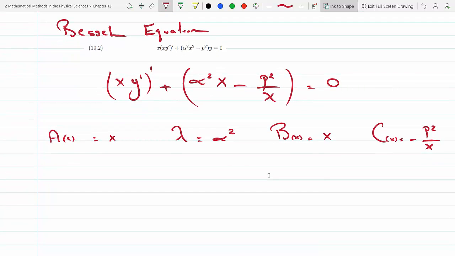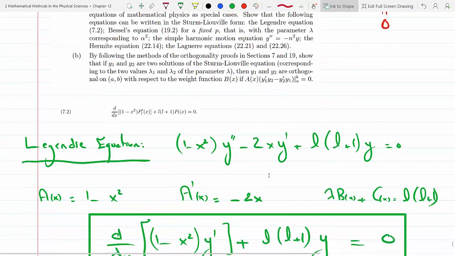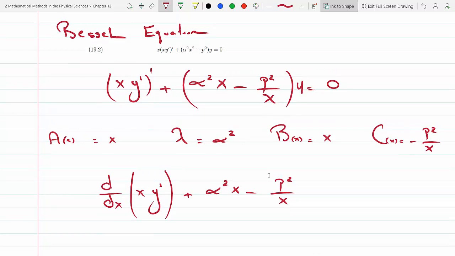So now the Sturm Liouville form of this Bessel equation will be d over dx of x y prime, filling into the Sturm Liouville equation here, plus alpha squared x minus p squared over x, and this whole thing multiplies the y, equals 0.